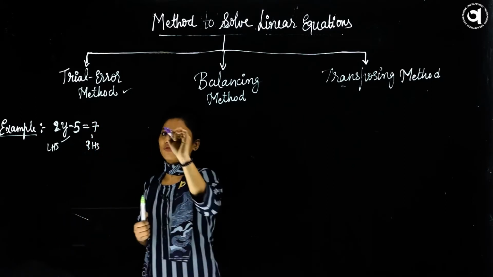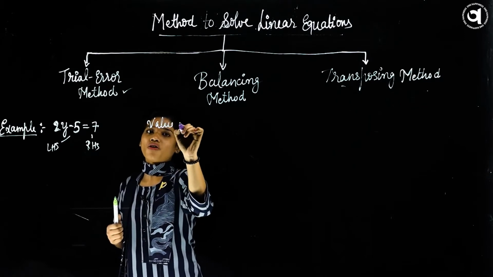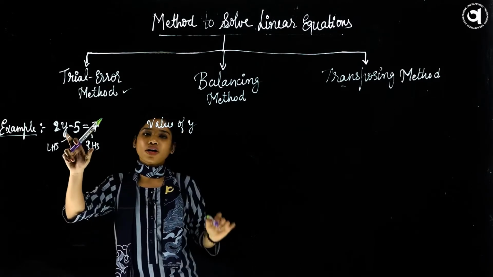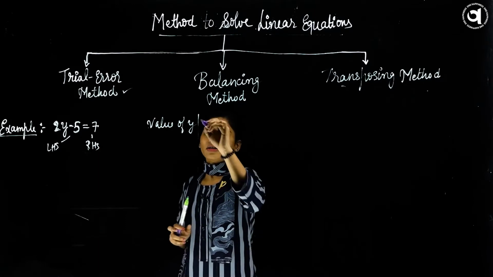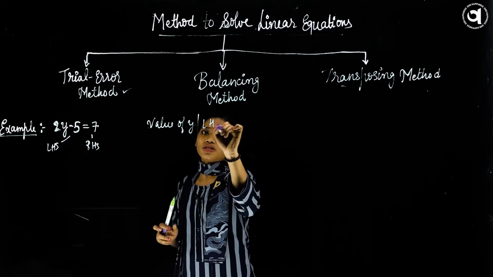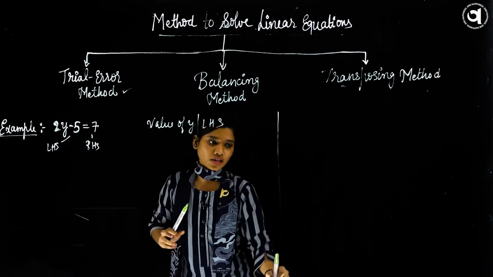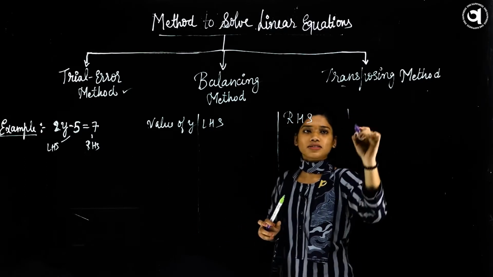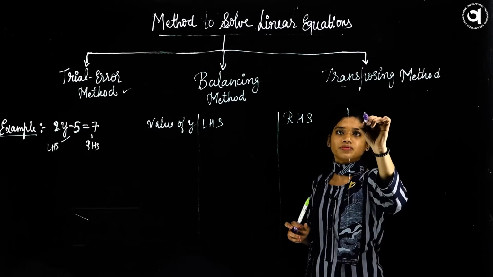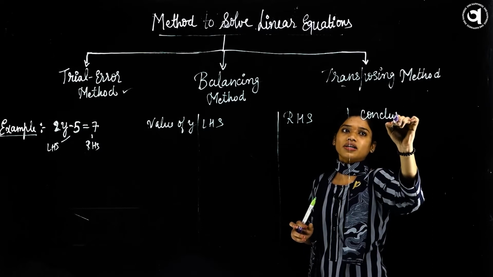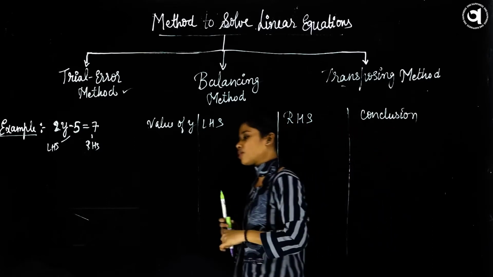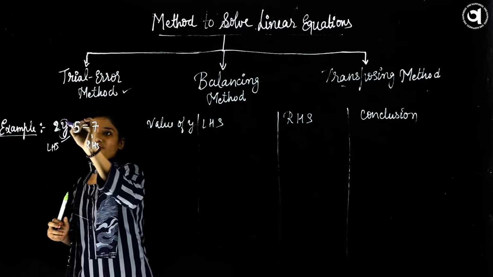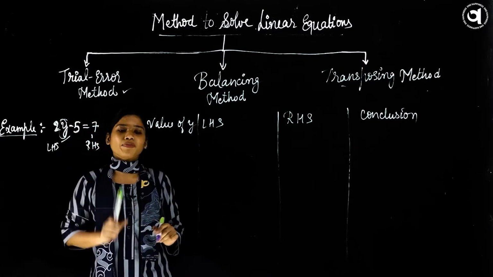We have to make 4 columns: first the value of y, second LHS, then RHS, and the final one is the conclusion, whether LHS and RHS tally or not. We need a value of y such that LHS and RHS both become 7.